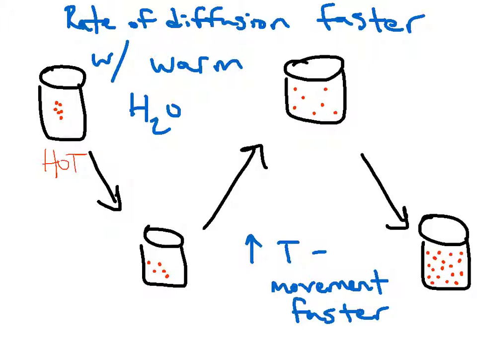Okay, and that leads us into a demo that we did later in the unit where we talked about thermal expansion. And thermal expansion is where we have a small tube looking at a thermometer, for example, and we increase the temperature in the surroundings.